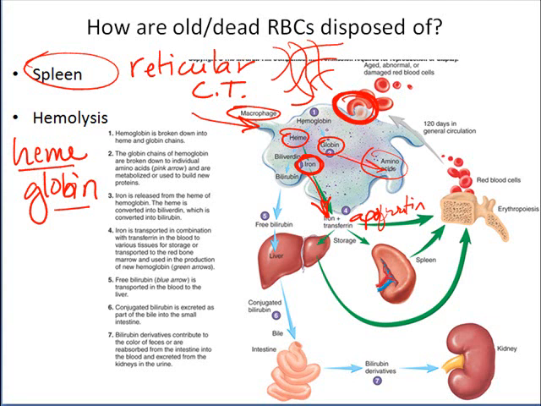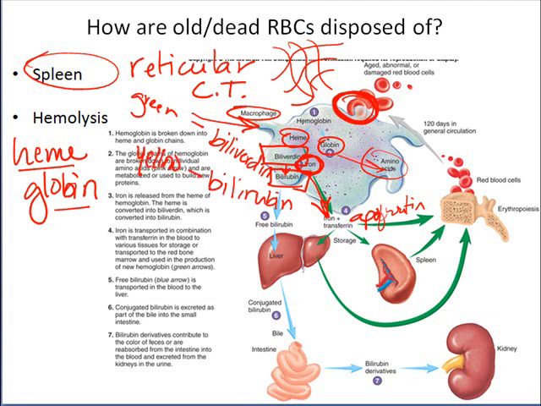The other portion of the heme group, once I've taken off the iron portion, I now have a green pigmented molecule called biliverdin. And that gets further converted with some help of some other enzymes into something called bilirubin. The biliverdin is green in color, the bilirubin is yellow in color.